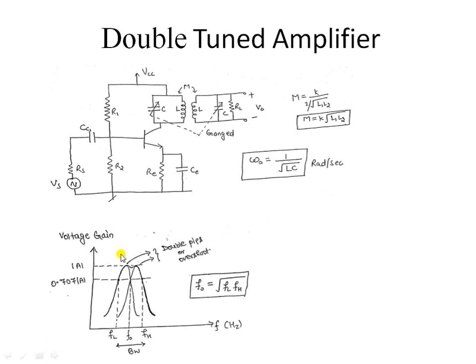This is the frequency response of a double tuned amplifier. Due to the delay because of the mutual inductance of these LC tank circuits, there is some delay in transferring the signal to the output here.